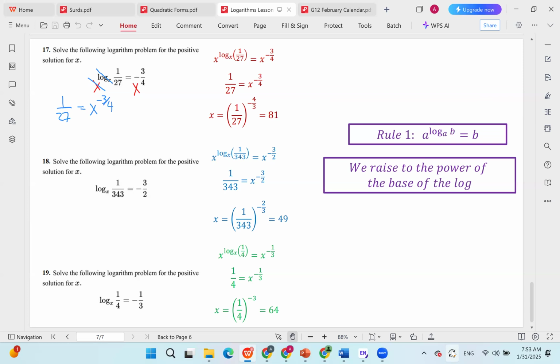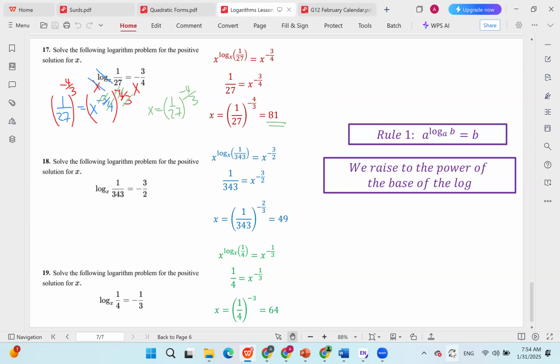It's much easier to flip the power, and the 3 cancels the 3, and the negative cancels the negative, and we end up with x equals 1 over 27 to the power of negative 4 over 3. And this gives us 81 at the end.